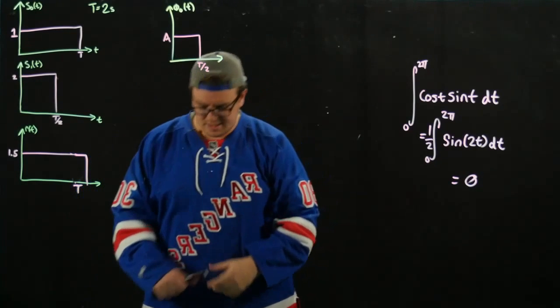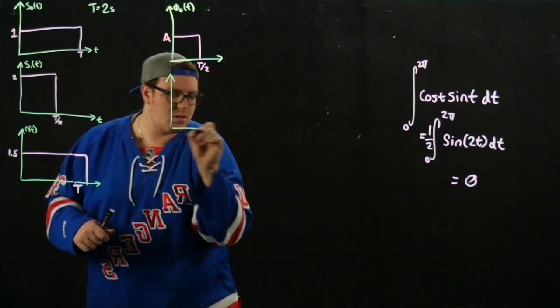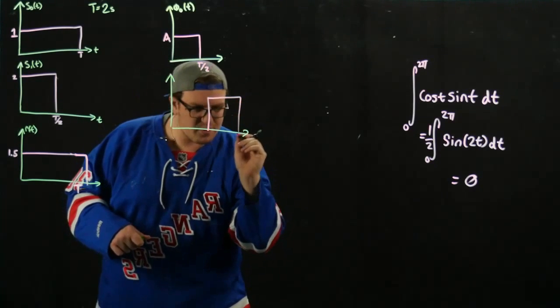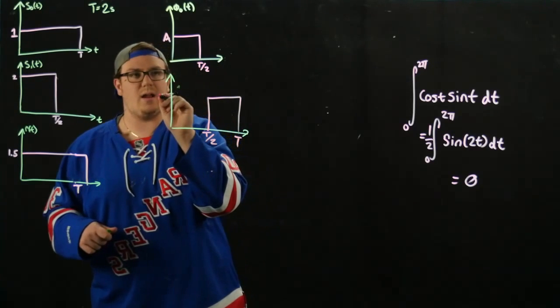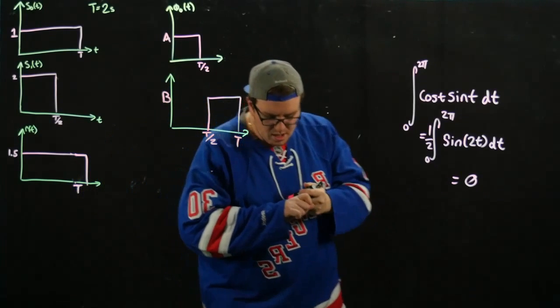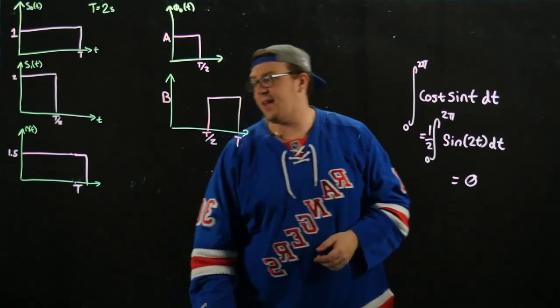And the second one would be a pulse from T over 2 out to T, of height b. We don't know what these heights are quite yet, because those will be defined later.